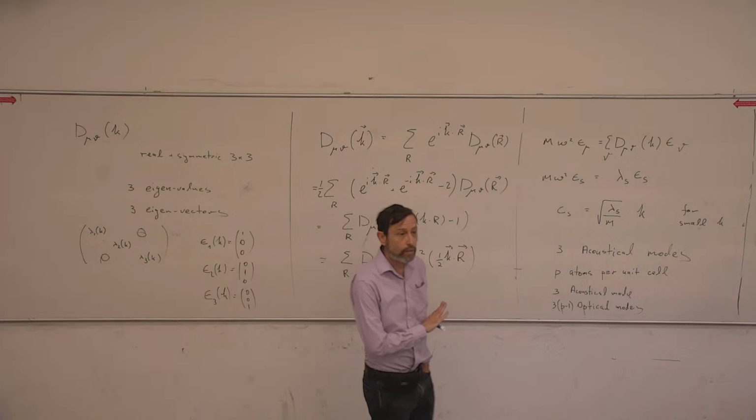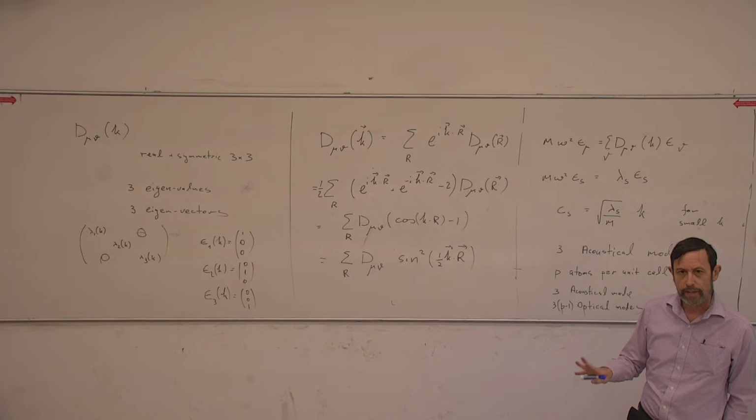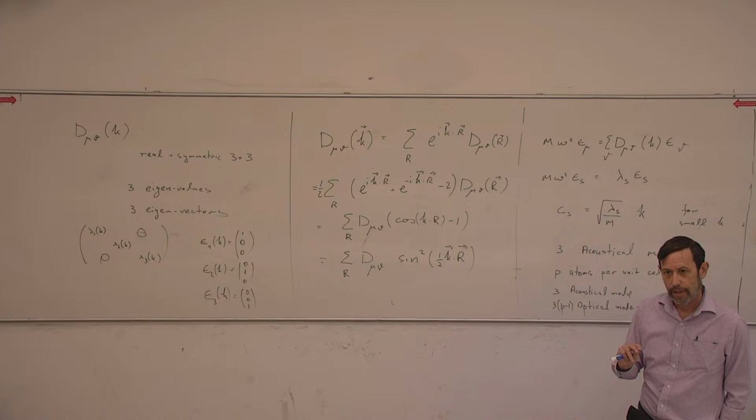Now, without knowing anything about quantum mechanics, let's say I have 2 atoms per lattice site. What do I know? I know that basically I have 2 branches. One of them starts with a finite value of omega.